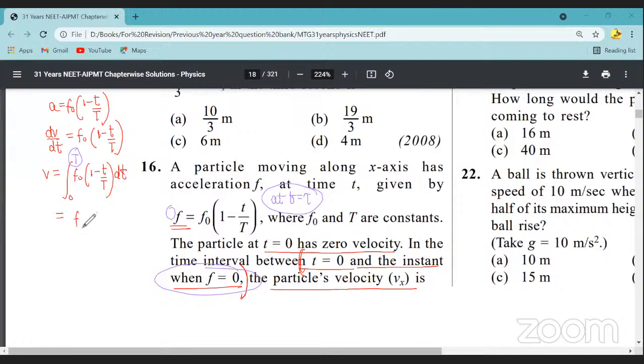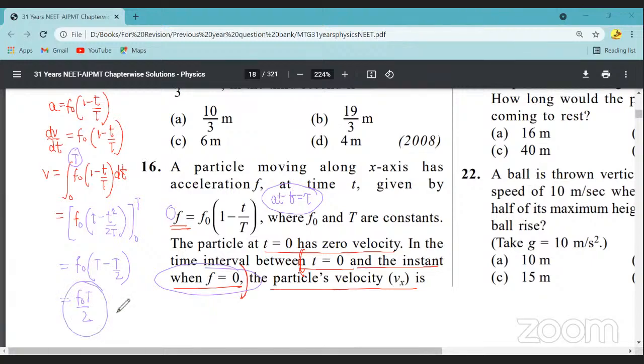So this comes out to be f naught into t minus t square by 2, put limit 0 to T. So this comes out to be f naught T minus T by 2, so this is f naught T by 2.